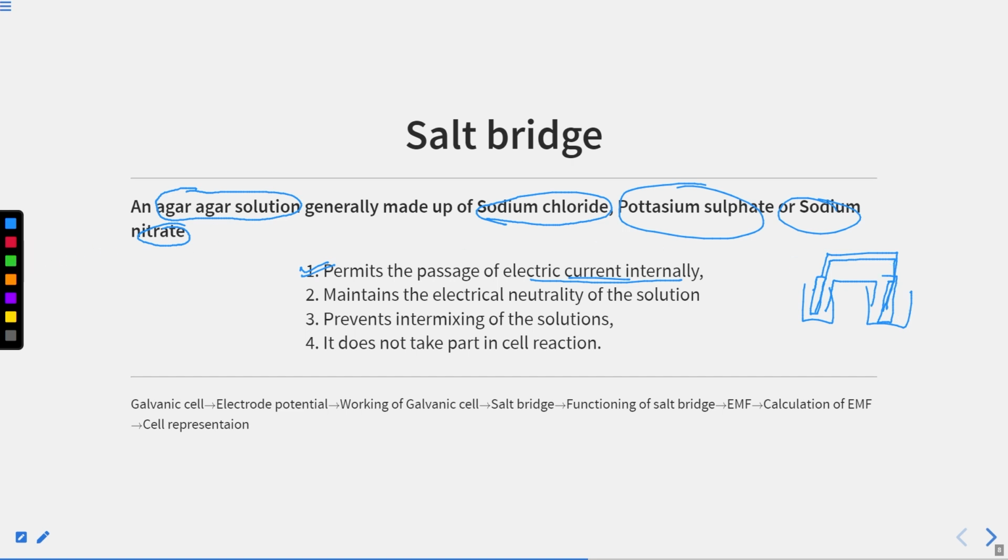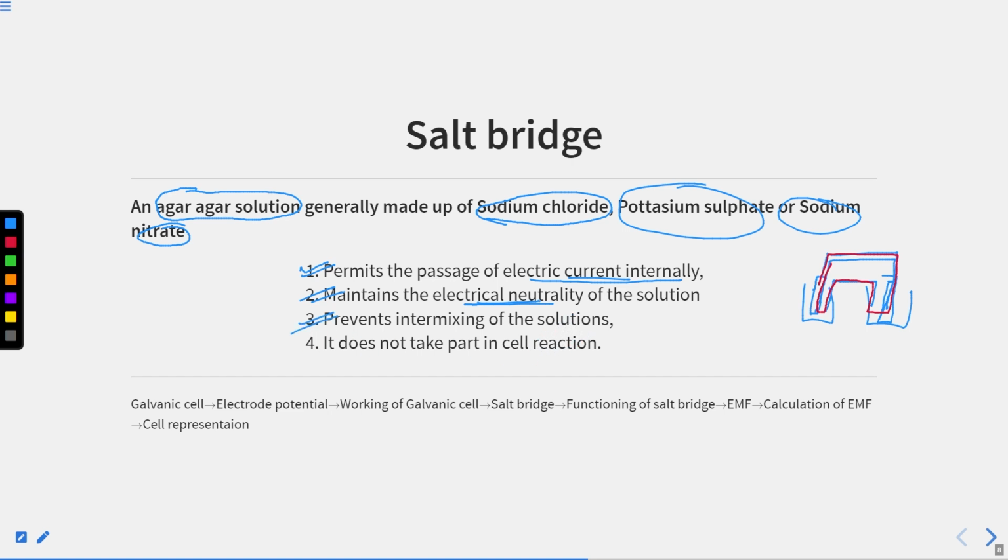Now if you follow my red dot, you can see a complete circuit like this. So this is a complete, closed circuit. What does it do? It maintains the current internally. Second, it maintains the electrical neutrality. I will make you understand how it maintains the electrical neutrality in the next slide.